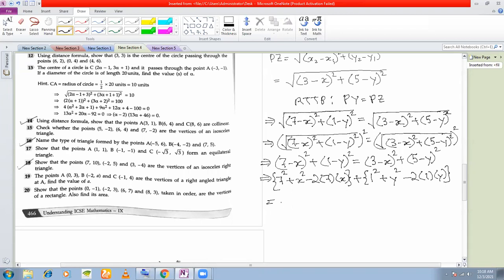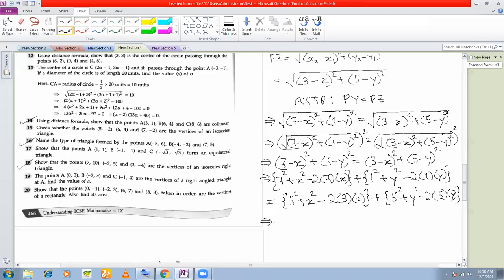On the right hand side, we'll do the same. (3 minus x) whole square, we expand by (a minus b) whole square, so a square plus b square minus 2ab. And similarly for (5 minus y) also, a square plus b square minus 2ab.